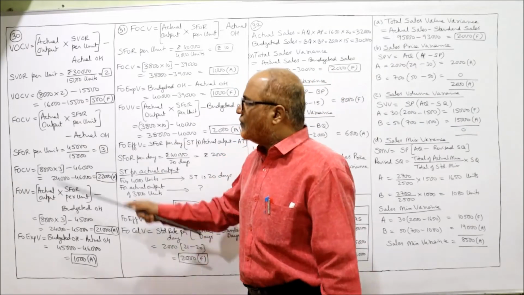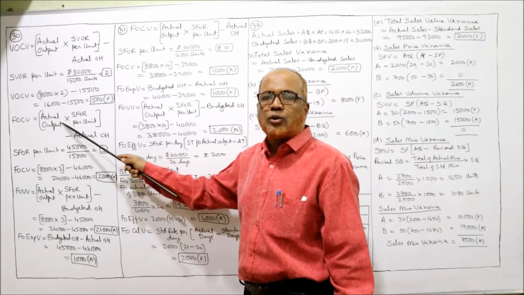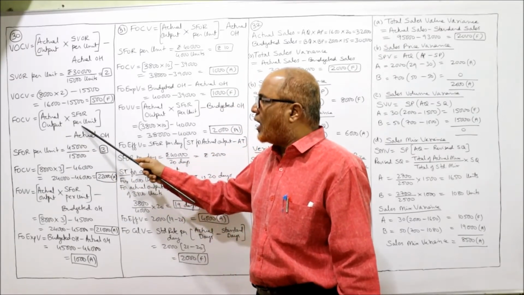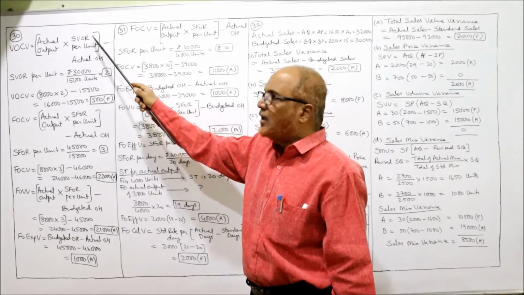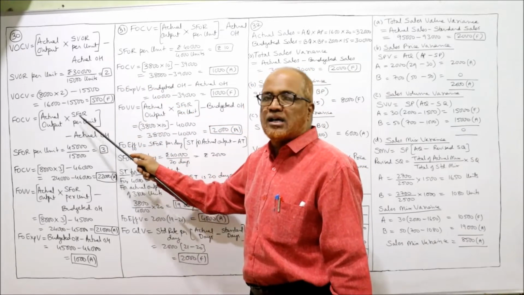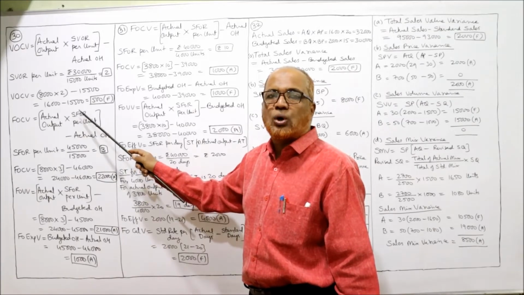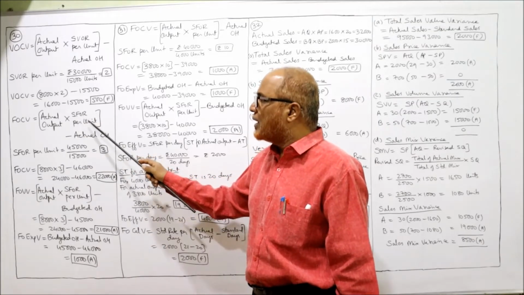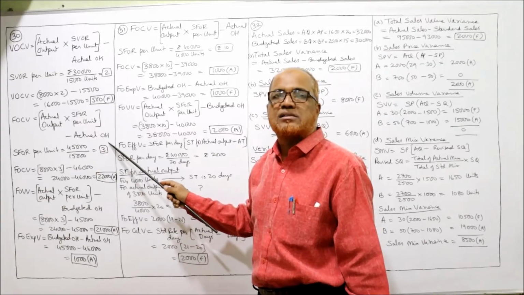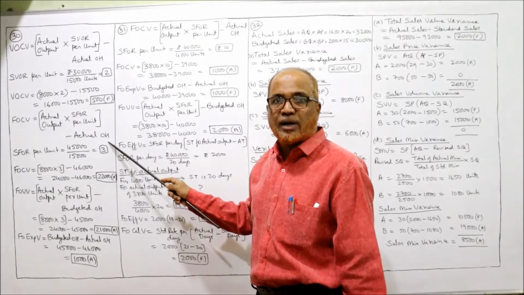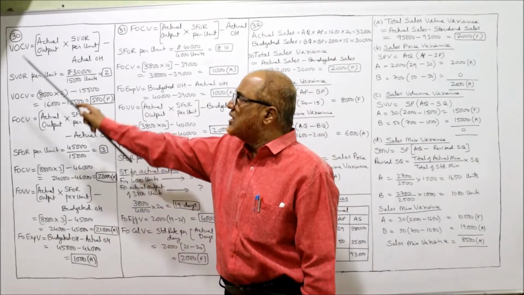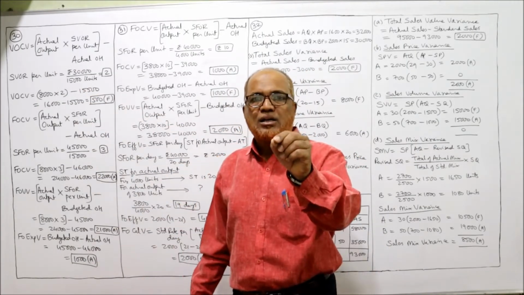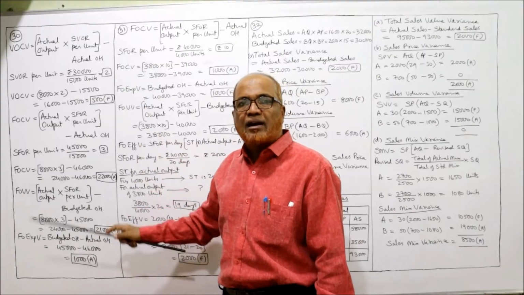The formula for FOCV is actual output into SFOR per unit, standard fixed overhead rate per unit, minus actual fixed overheads. Here you had taken actual variable overheads because the variance was variable. Now we are calculating fixed.